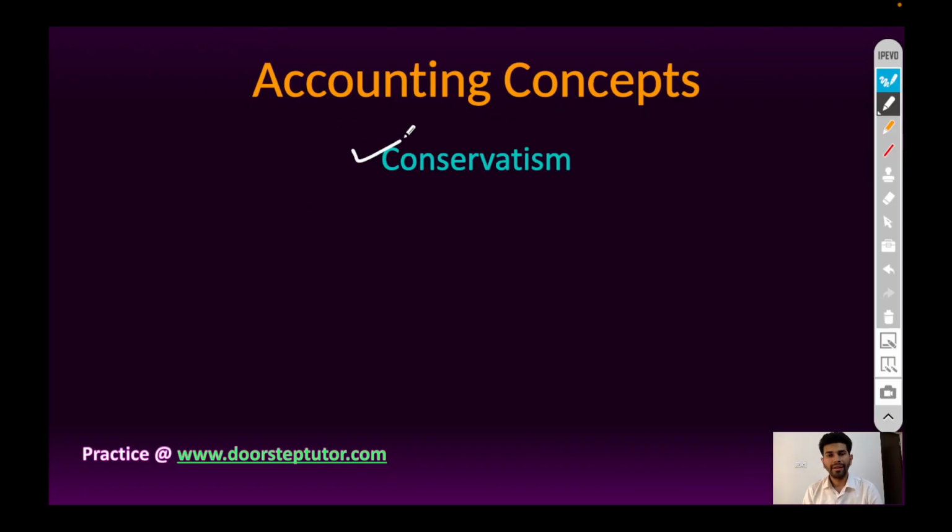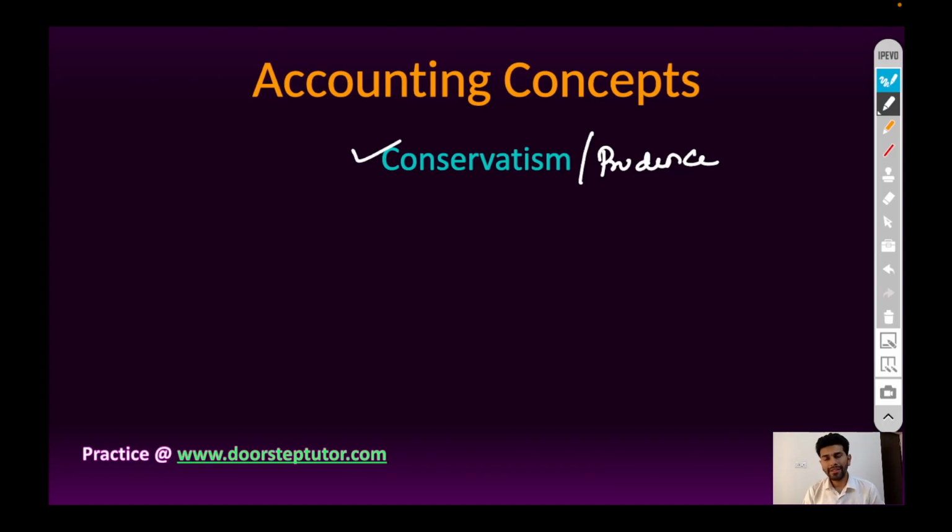Next is conservatism. It is also called prudence, the prudence principle. While recording transactions in books of accounts, we have to anticipate no profit but provide for all possible losses. It reflects lower income and understated assets and overstated liabilities.